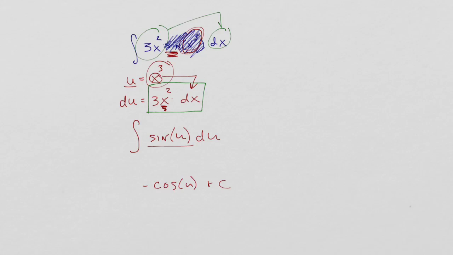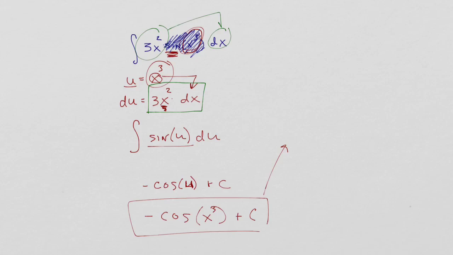And to wrap this up, again, this clearly isn't the answer because I didn't start with u's, I started with x's, so we need to convert this back into the language of x by substituting in our value of u, which we let be x to the power of 3. So final answer is negative cosine of x to the power of 3 plus c. And just for good measure, let's take the derivative of this and make sure that we get 3x squared times sine of x cubed.